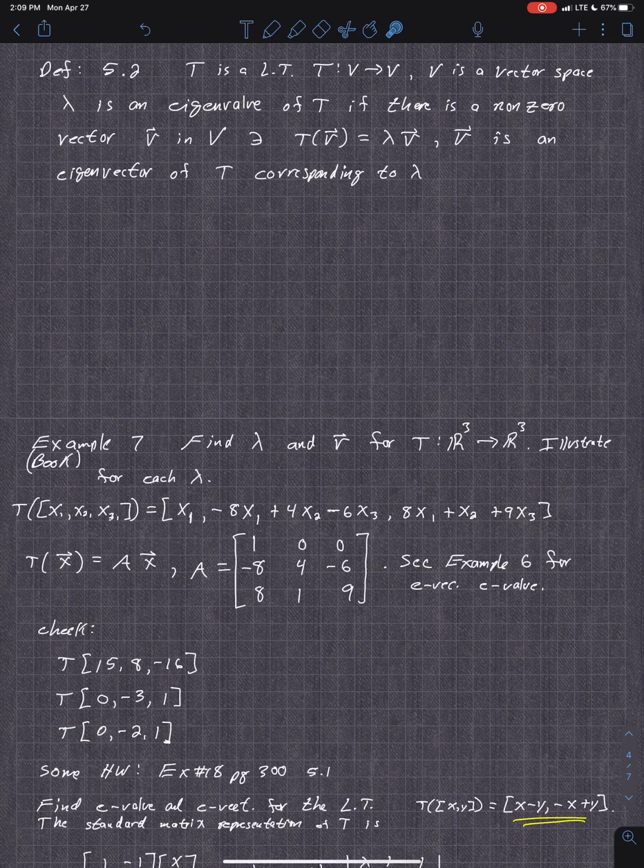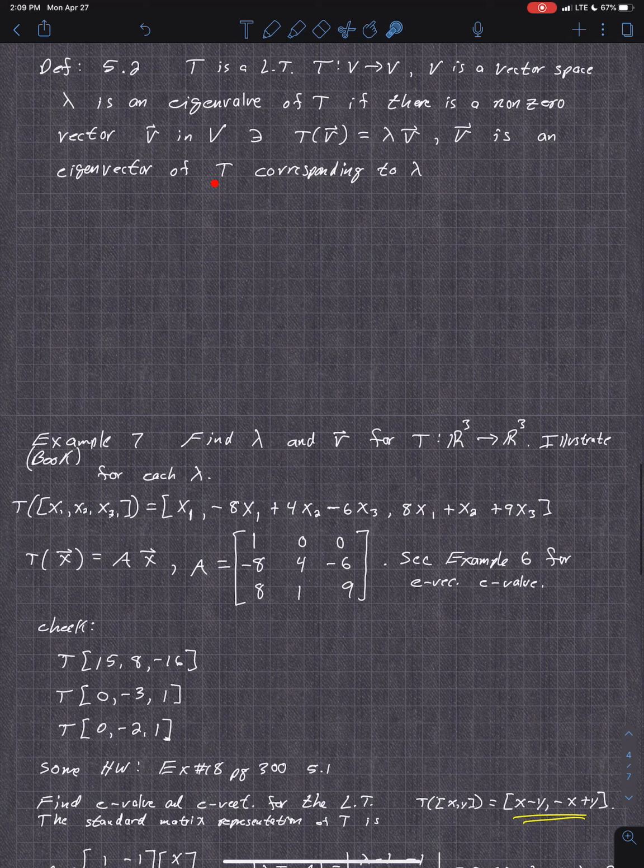V is an eigenvector of the linear transformation T corresponding to lambda. So it's defining eigenvalues and eigenvectors with a linear transformation, kind of a more general way of describing the transformation. Okay, so we'll look at this and some examples a bit later.